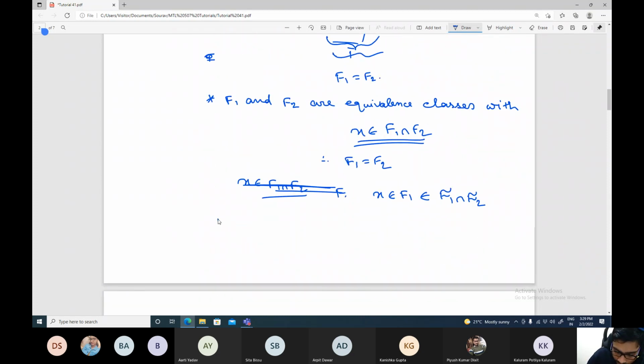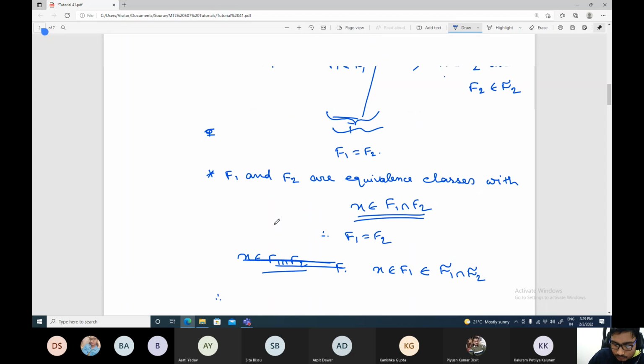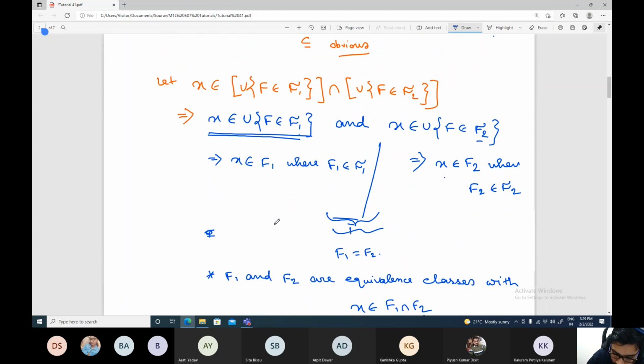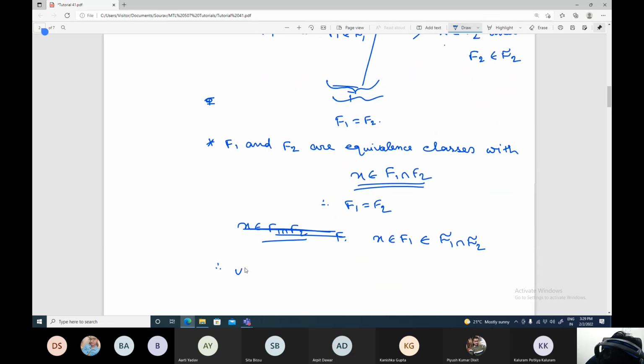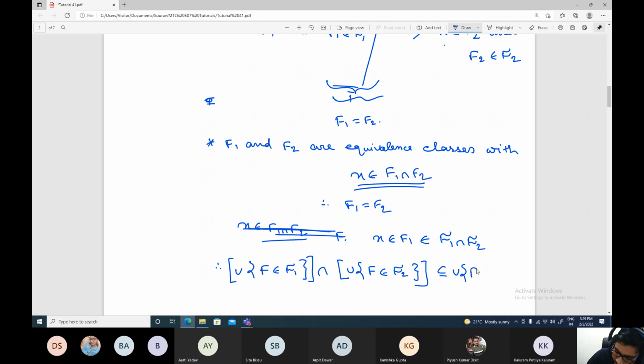So therefore we can write this set: the union over F in script F1, intersected with the union over F in script F2, is contained in the union over A in F1 intersection F2, right?